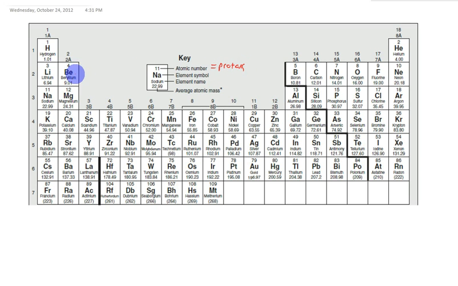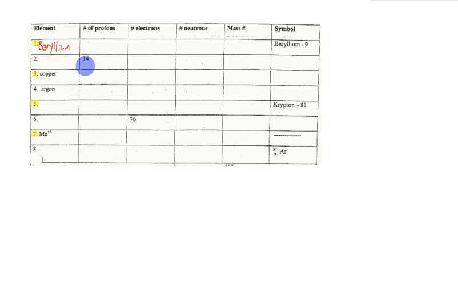So all beryllium atoms, regardless of the mass and how many neutrons are there, have 4 protons. And most of the time, unless you have a little charge there, your electrons are the same as your protons, because the electrons are negative and the protons are positive, and opposites attract.